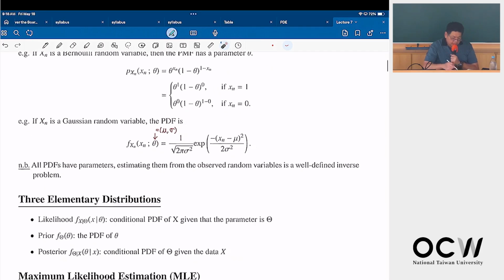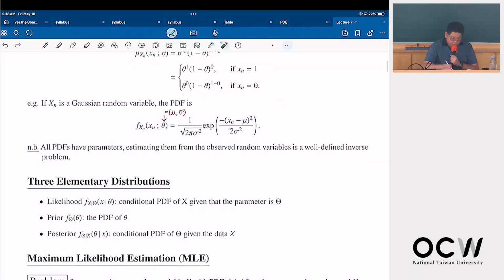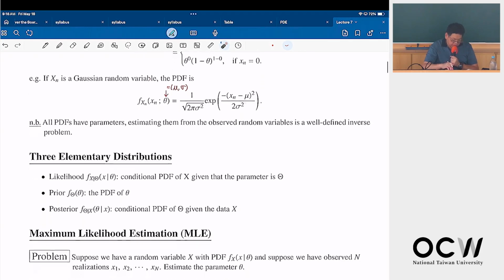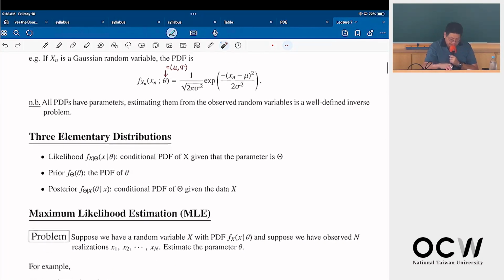First, we would like to know what maximum likelihood estimation is. Suppose we have a random variable X, and then we have the PDF. For this PDF, we suppose to observe n realizations. So we have x1, x2 to xn.